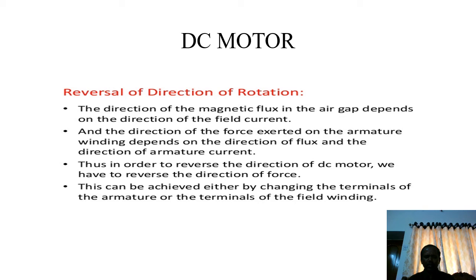Thus, in order to reverse the direction of a DC motor, we have to reverse the direction of force. This can be achieved either by changing the terminals of the armature or the terminals of the field winding.